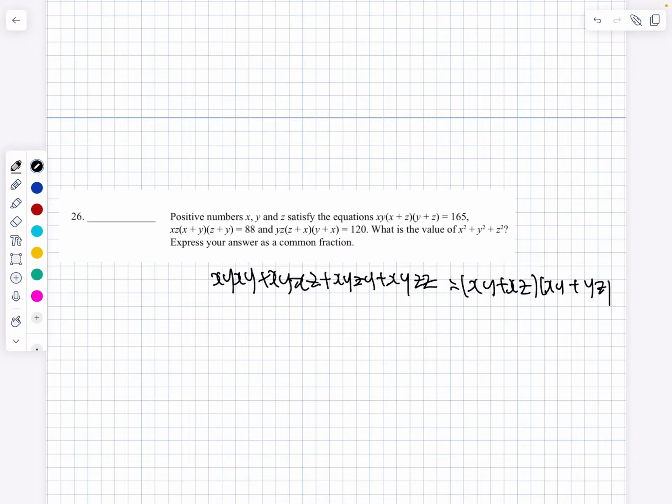For the second equation, we can represent this as xz plus xz xy plus xz yz plus xz yy, which we can simplify as xz plus xy times xz plus yz.